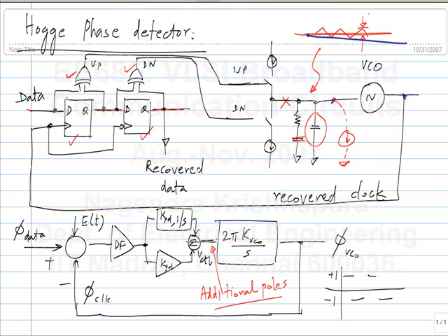Okay, so this is one type of phase detector, and there are variants of this. So for instance, you get these, the up and down will give you error waveforms, right? To minimize that, there are other kinds of architectures which will reduce the amount of error, basically reducing the amount of jitter.